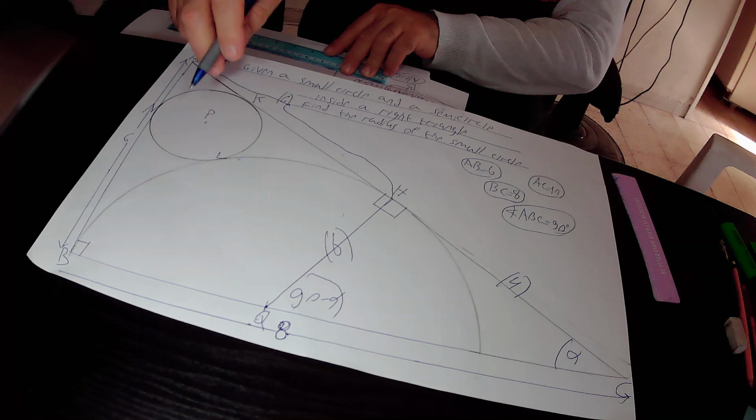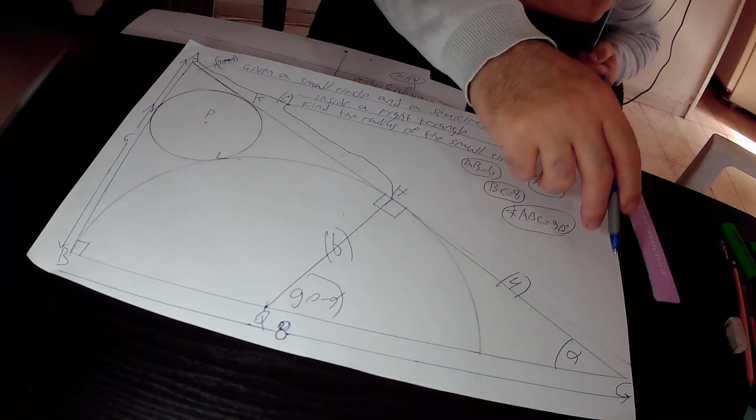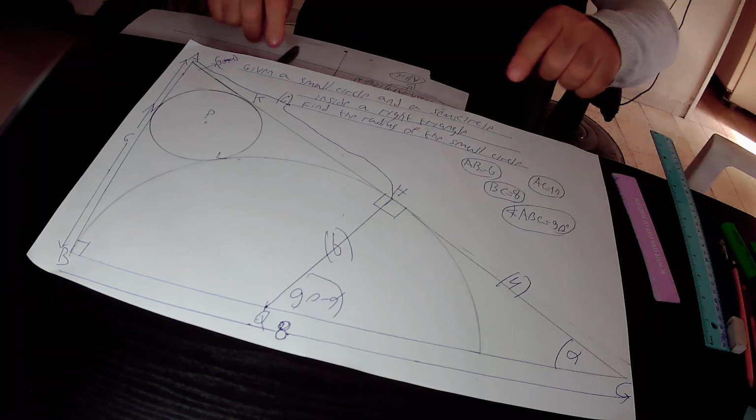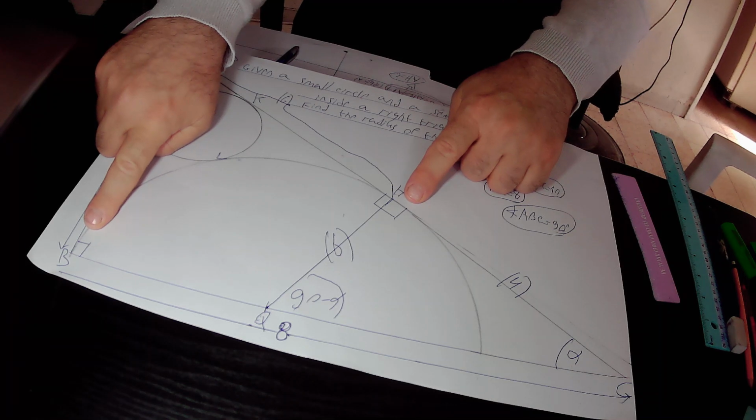So why is the big right triangle ABC similar to this small right triangle HQC? First of all, those two angles are both equal to 90 degrees, therefore they are equal to each other.